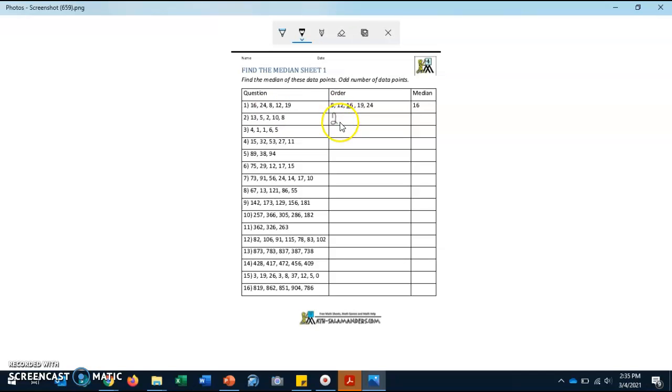And then after the 2, it would be number 5. And then after the 5 would be number 8. And then after 8 would be 10, and then number 13.